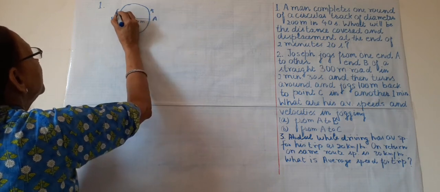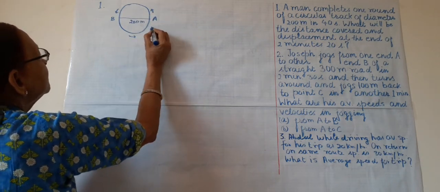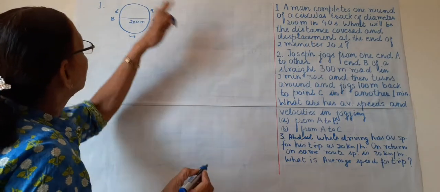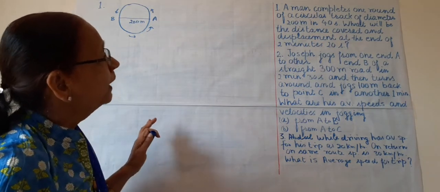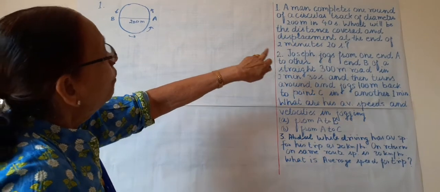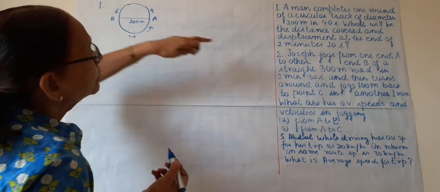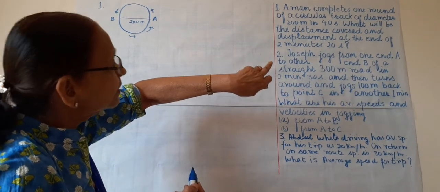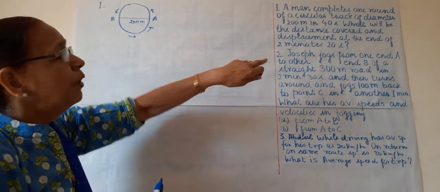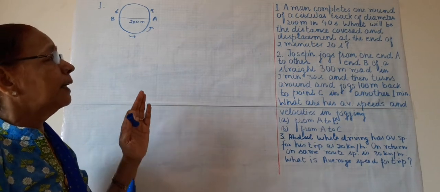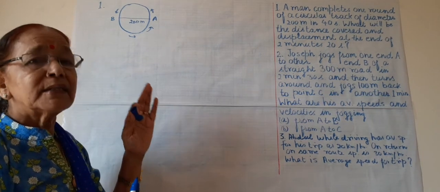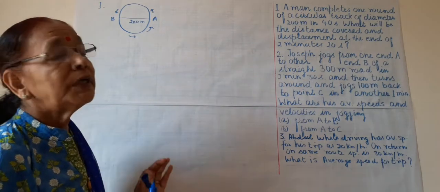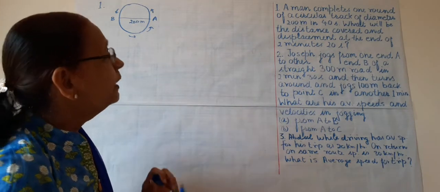The man is going like this, like this, like this, and taking rounds of this circular path. And one round takes 40 seconds. What will be the distance covered and displacement at the end of 2 minutes 20 seconds? We have to calculate distance also and displacement also after 2 minutes 20 seconds.